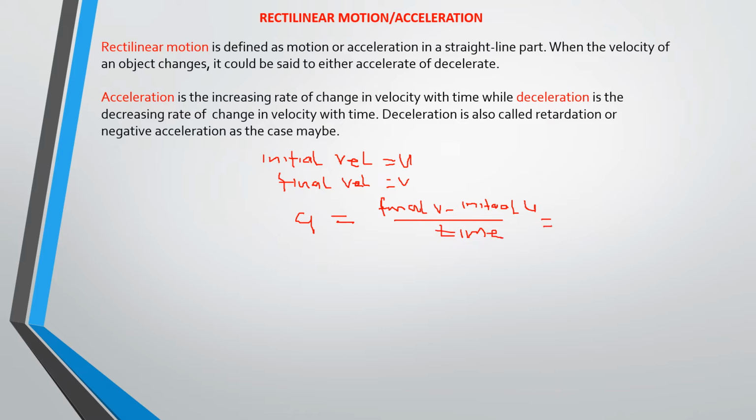So simply you can write this as a = (v - u)/t. This gives you your acceleration.